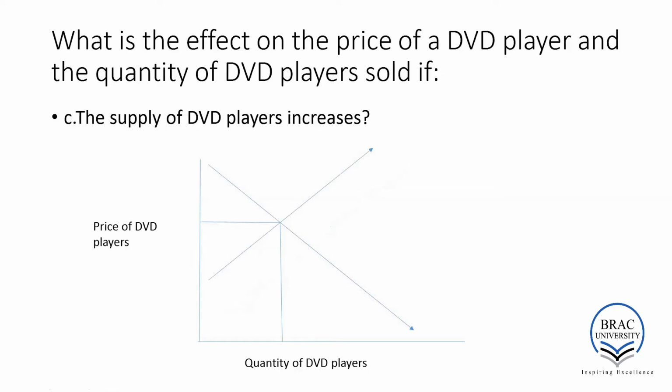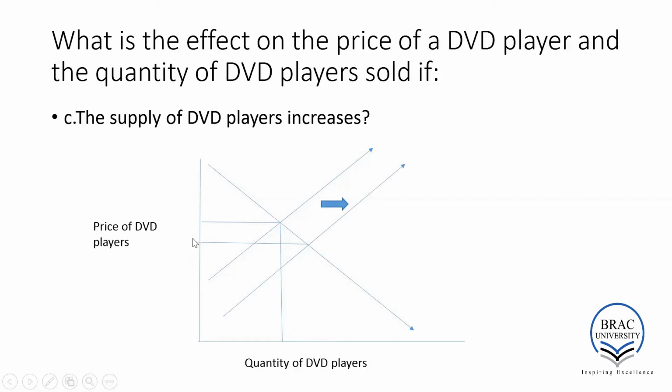Now let's look at the third situation when we have an increased supply of DVD players. So this is very simple because the question directly tells you that there has been an increase in supply. Whenever there is an increase in supply, we shift our supply curve to the right. So we will get our new equilibrium point at the intersection of our new supply curve and the demand curve. We can get our new equilibrium price here.